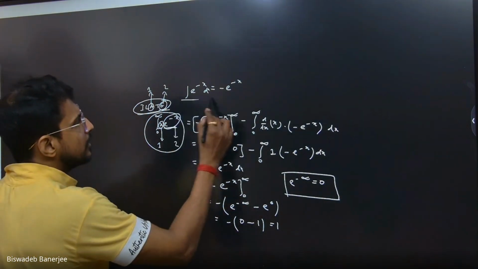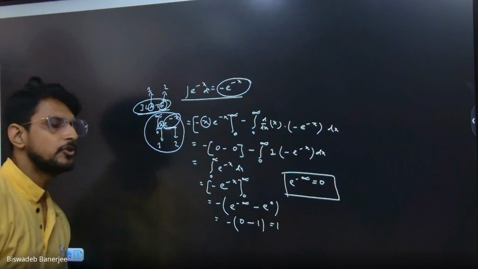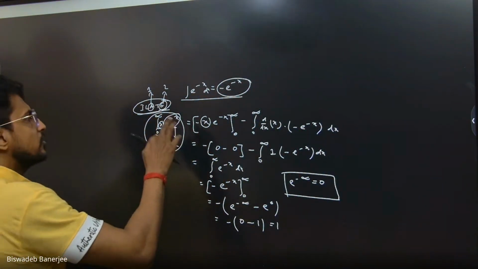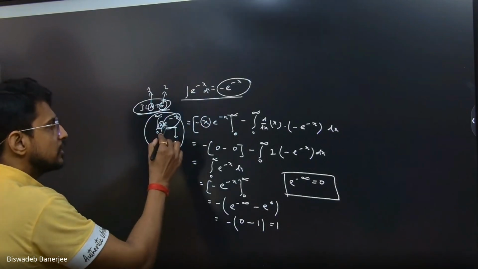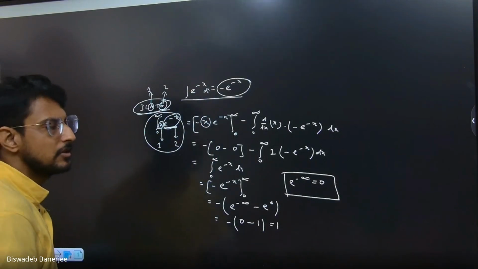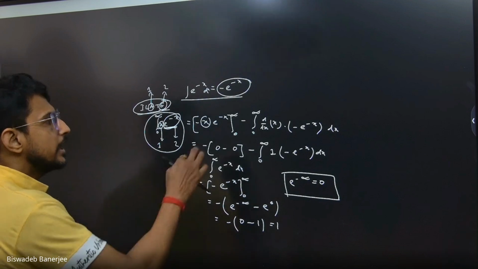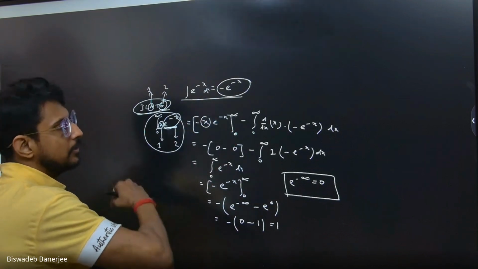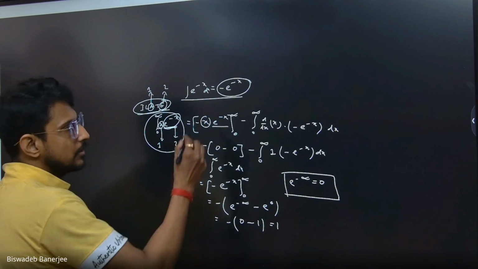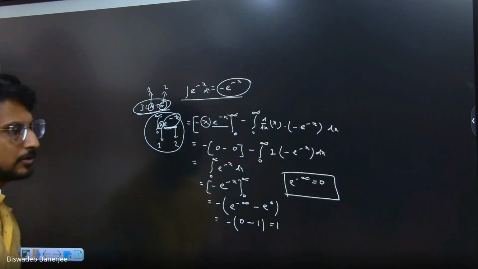The integration of e to the power minus x dx is simply minus e to the power minus x. The first function into the integration of the second function, the integration of e to the power minus x, is minus e to the power minus x. And according to our rule, take the limit over the entire part, not only over this. Take the limit on this entire part.